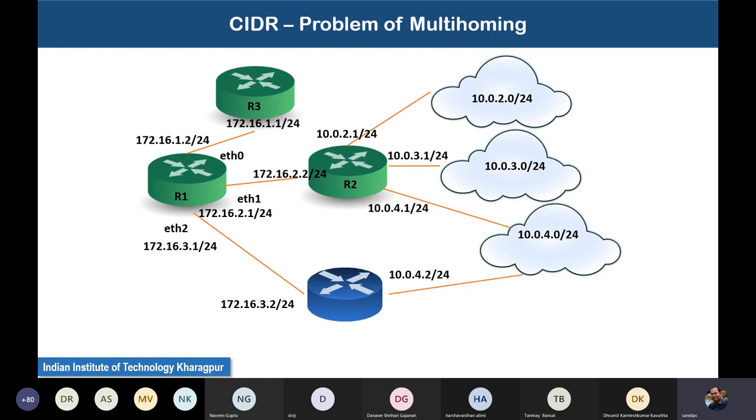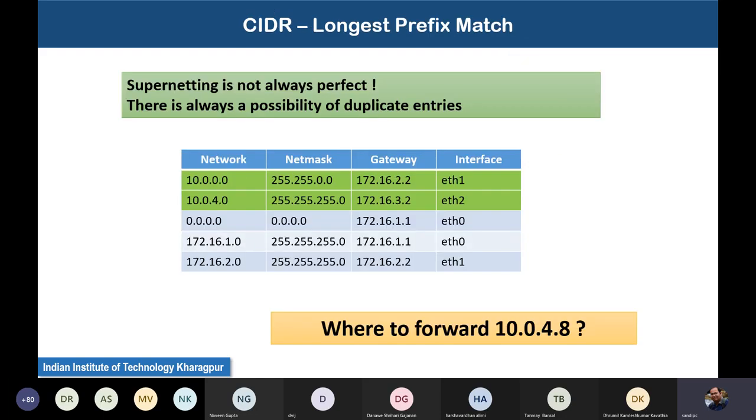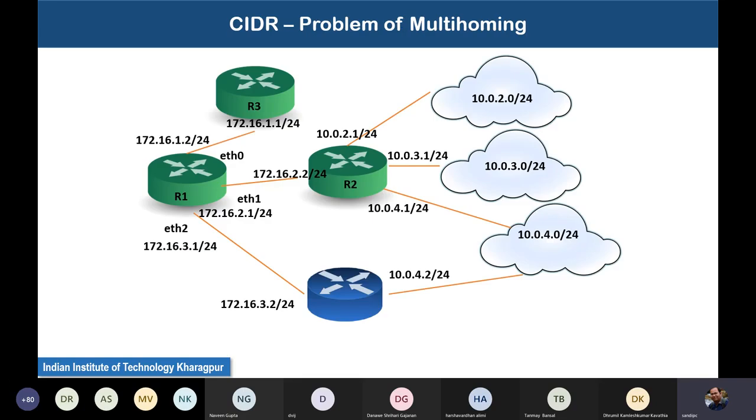Now, when there is multi-homing, the problem is how you are going to make these entries. For this second router, this blue router, you have to make some kind of additional entries. The supernetting is not perfect in this case.